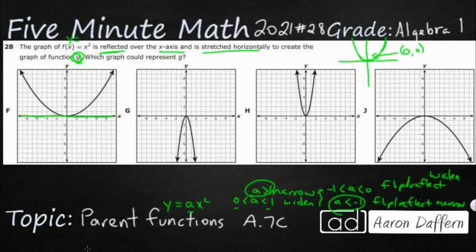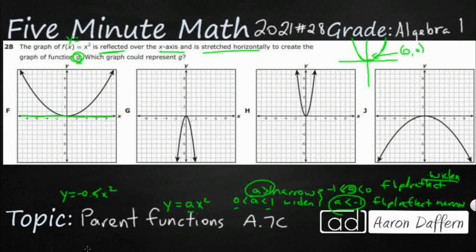So if we want it to face down here, then we would need an a that is less than 0. And if we want it to stretch or widen, then the a is most likely going to be between 0 and -1. So it could be something like y equals -0.5 x squared.